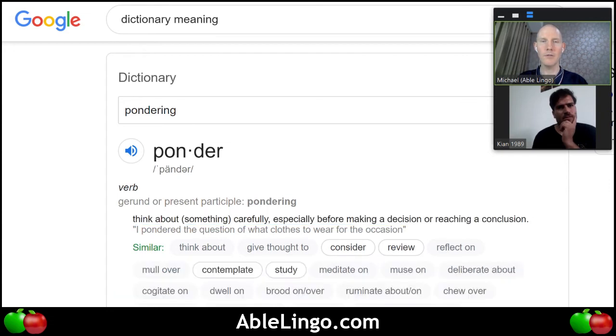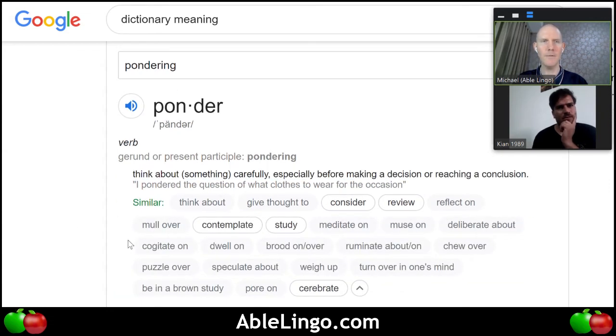Right. So we have lots of synonyms here. Think about, give thought to, consider, review, reflect on. There we go. That's the one I had started with. Reflect on. Right. So, does that answer your question, Kian? Yeah, I think they're synonyms to think through something.